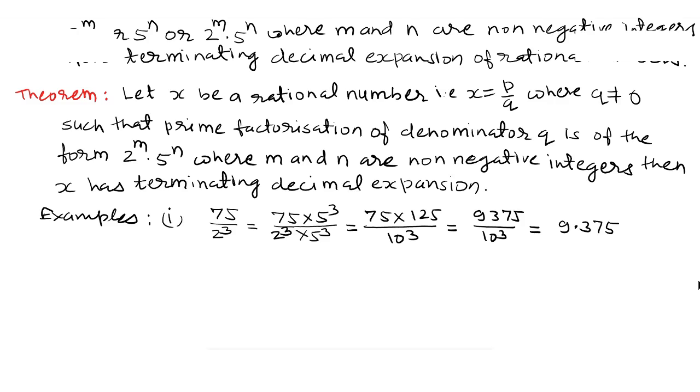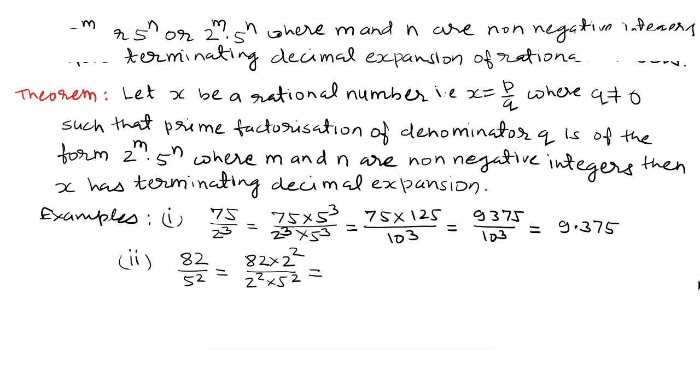We go to the next example, 82 upon 5 to the power 2. We write it as 82 multiplied by 2 to the power 2 upon 2 to the power 2 multiplied by 5 to the power 2. We have multiplied numerator and denominator by 2 to the power 2, so that we can get the denominator as 2 to the power 2 into 5 to the power 2, which makes 10 to the power 2.